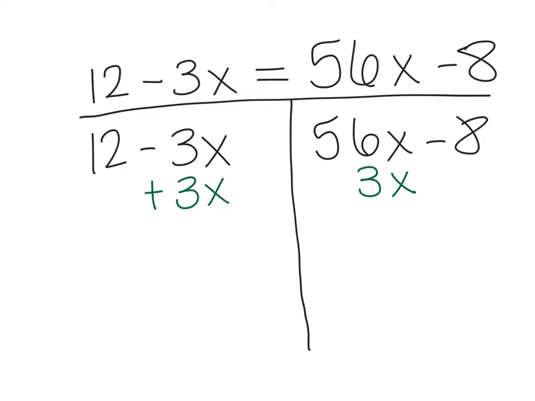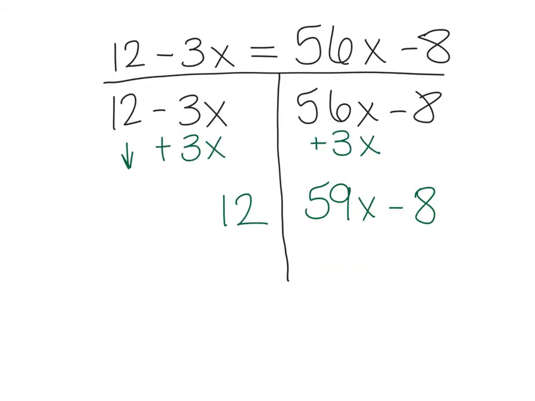Now on the left, negative 3x and positive 3x gives me a 0, so just my 12 is going to come down. And then on the right, 56x plus 3x gives me 59x minus 8, right?